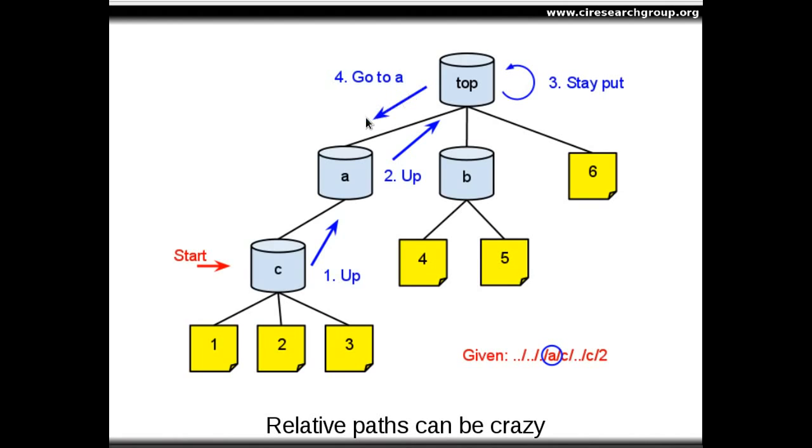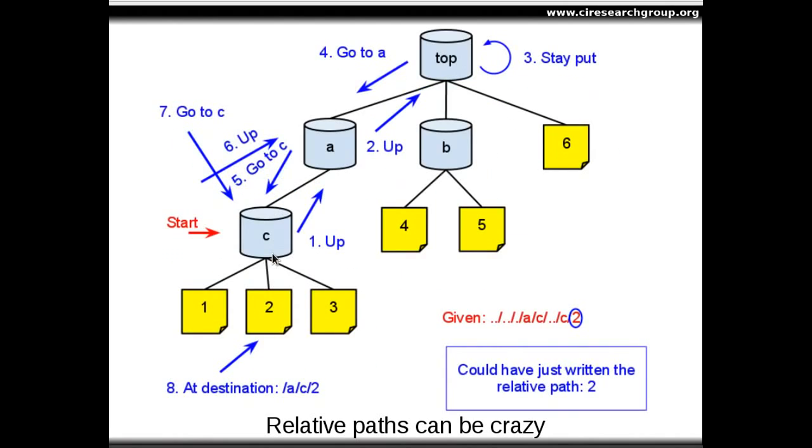Step 4 tells us to go back to A. Step 5 tells us to go back to C. Step 6 tells us to go up again. This is going to send us back to A. Step 7 is going to take us back to C. And finally, we're going to access file number 2, which was in subdirectory C.